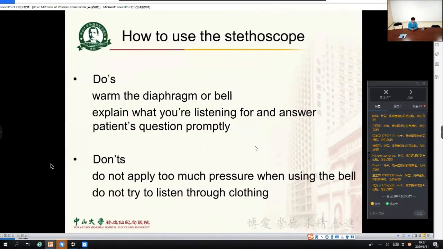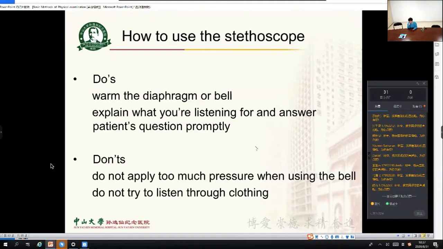What are the do's and what are the don'ts? Warm the diaphragm or the bell before you place your stethoscope on the patient. Explain to the patient what you are listening for, and answer the patient's questions properly. So do not make the patient panic or nervous when you use the stethoscope.